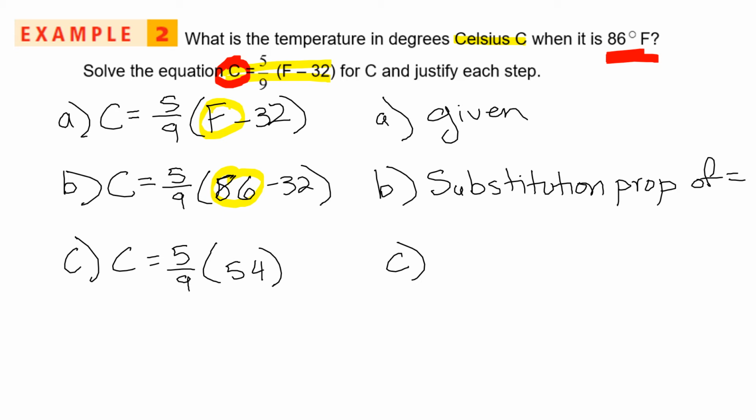So because we did not subtract on both sides, we are going to put down simplify. Okay, now what's our next step?